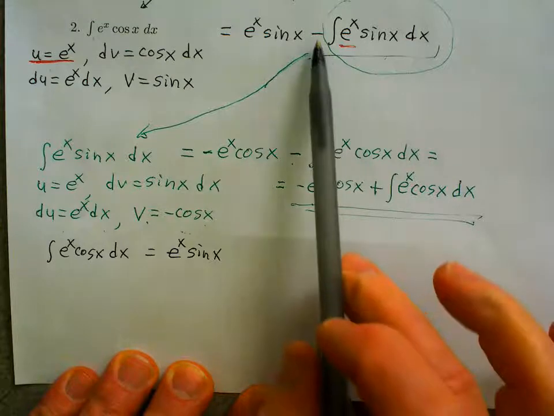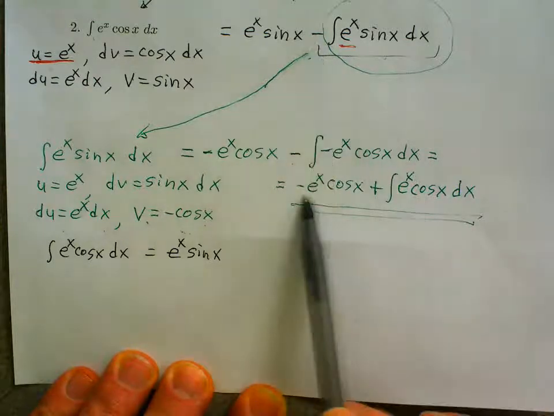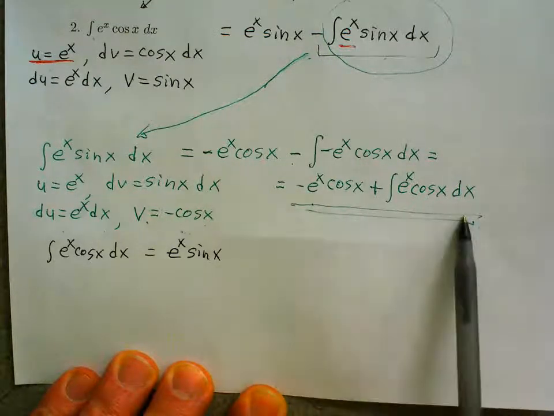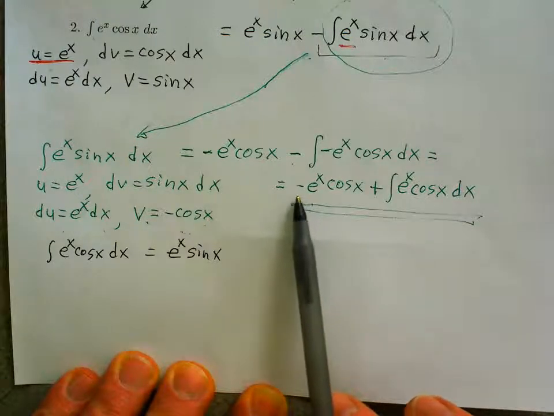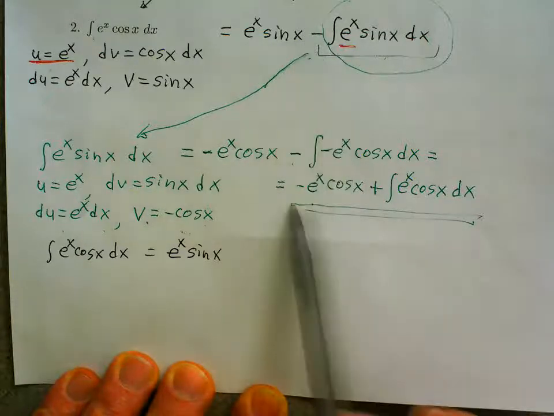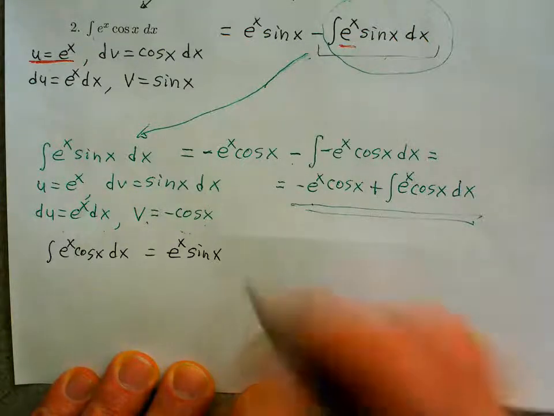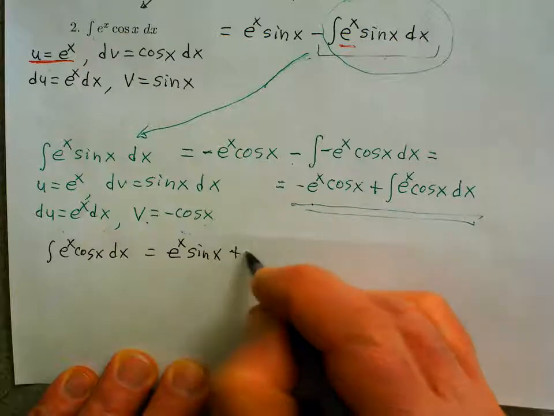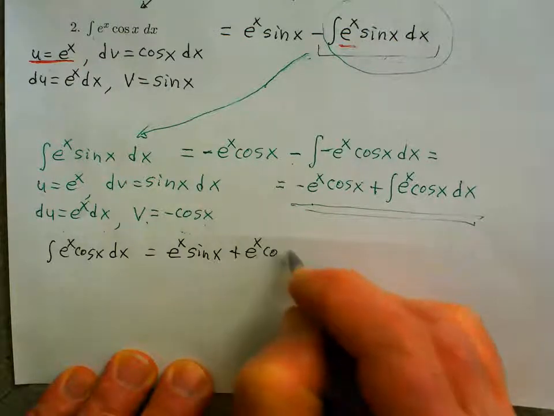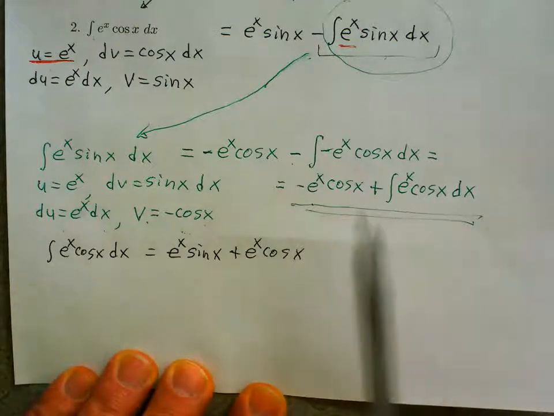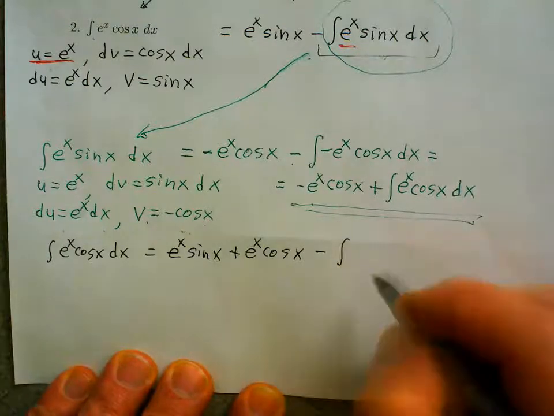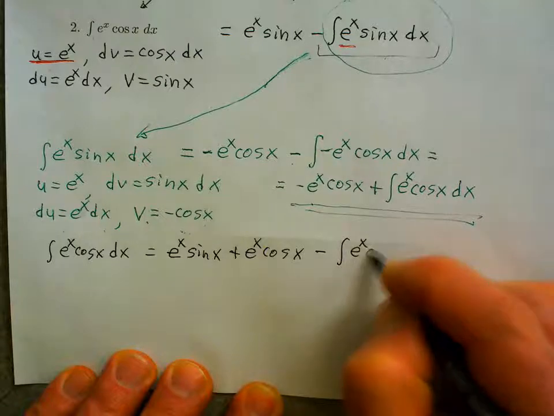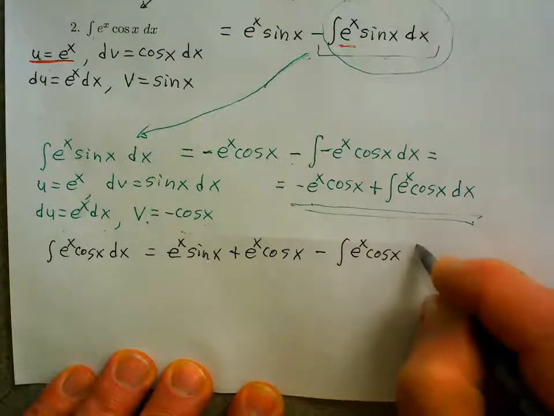But then we're going to subtract this quantity. So you have to make sure you're careful with the negatives and the subtractions. So we're subtracting negative e to the x cosine of x, which is equivalent to adding e to the x cosine of x. And we're also subtracting the indefinite integral of e to the x cosine of x dx.